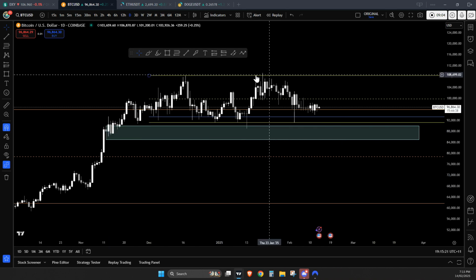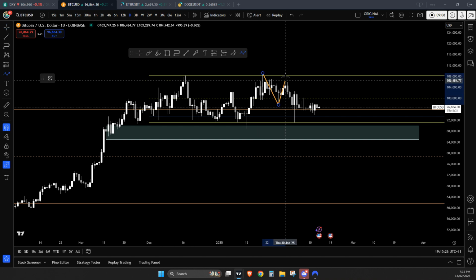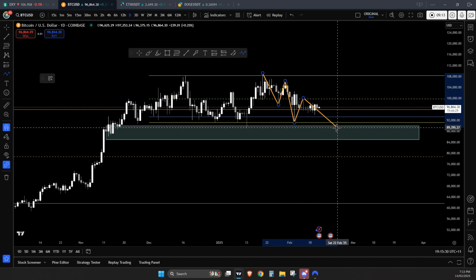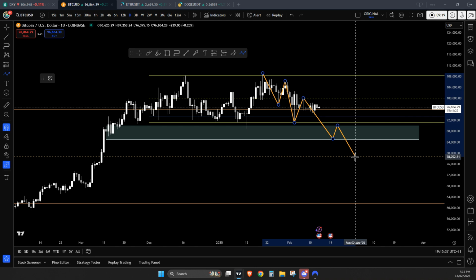And then obviously you'd start your market structures, yeah? So top, bottom, top to bottom. And then do we continue this to the downside? Do we take out this order block and then come down like that? Could. That's a scenario.